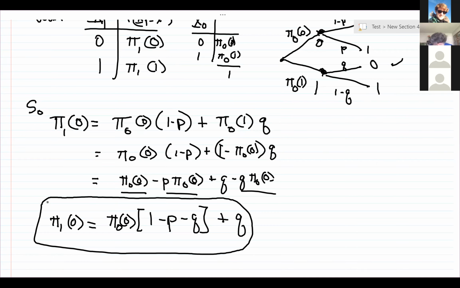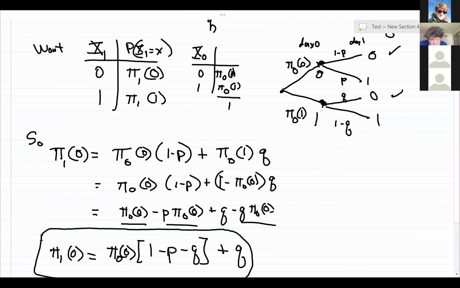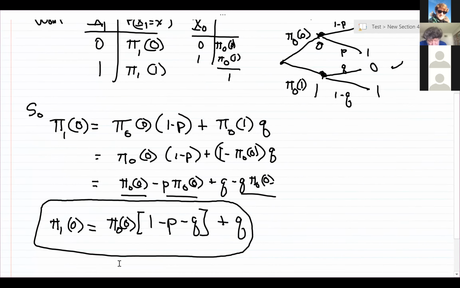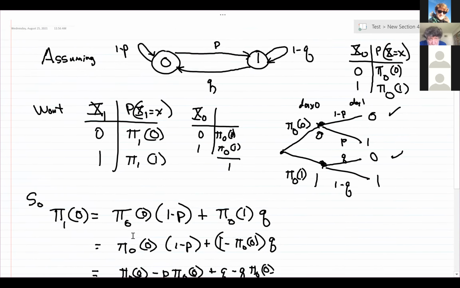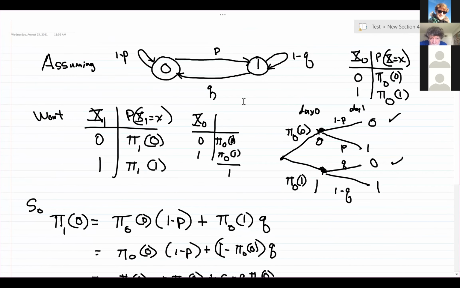Sure, that's it. So that's telling you this is considered done. Why? Because we're assuming that the P's and Q's are known. And we're assuming, okay, so let me circle what we're assuming. We're assuming all of this stuff at the top.